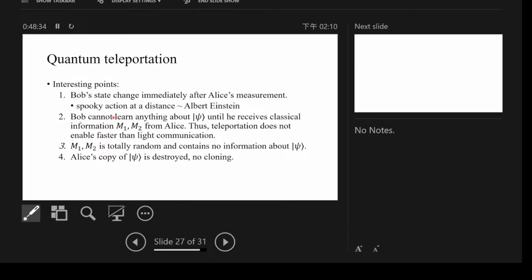But this is kind of okay. Even though we have this spooky action, it doesn't violate the other thing Einstein liked, that is, it doesn't violate relativity. Relativity says you cannot send information faster than the speed of light. This change happens immediately, which is faster than the speed of light.